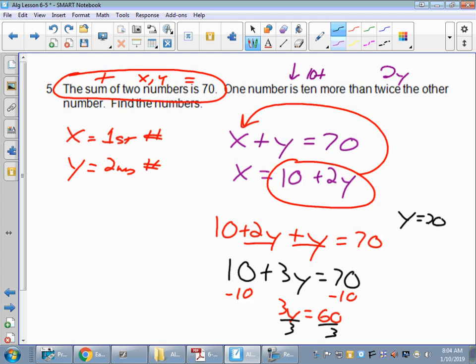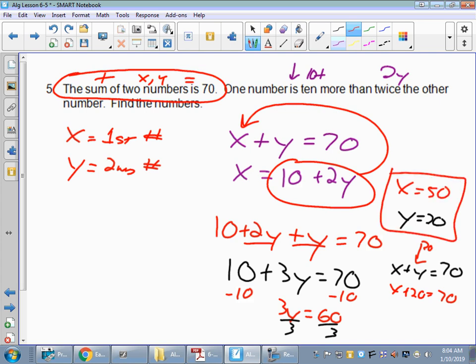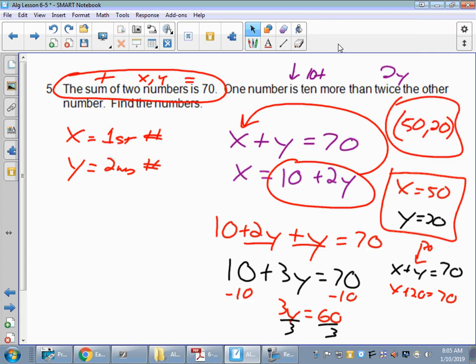I'm going to choose that first one and say x plus y equals 70. And since I'm substituting in 20 for my y value, it'd be x plus 20 equals 70. So I know that x is going to be 50 here. And so that would be my final answer, 50 and 20. Again, we want to write it like an ordered pair. So it'd be 50, comma, 20 as my final answer.